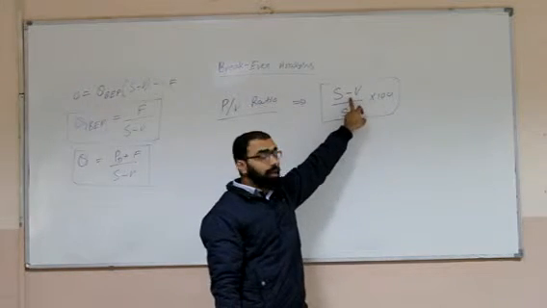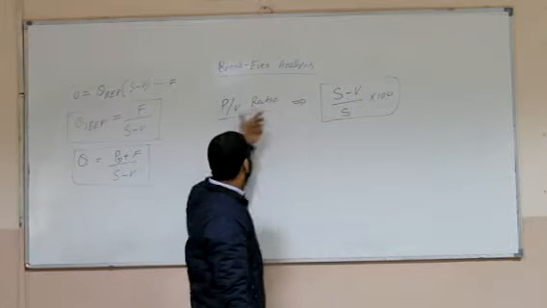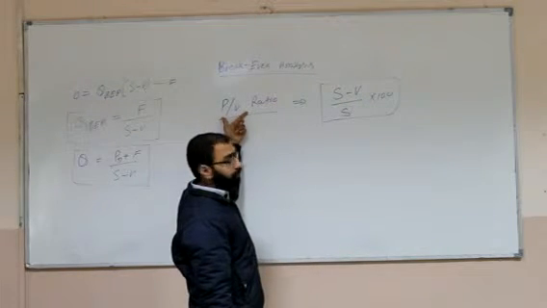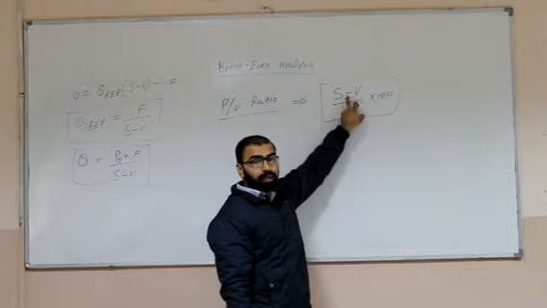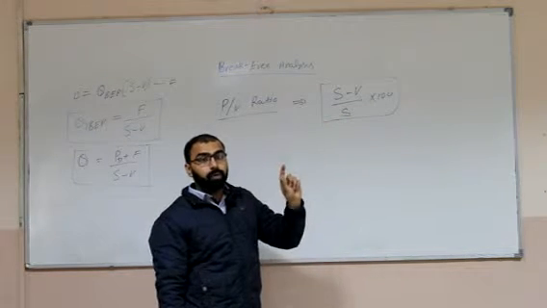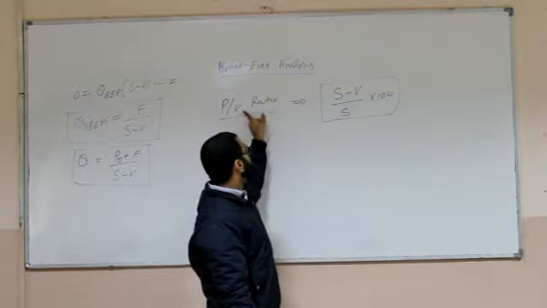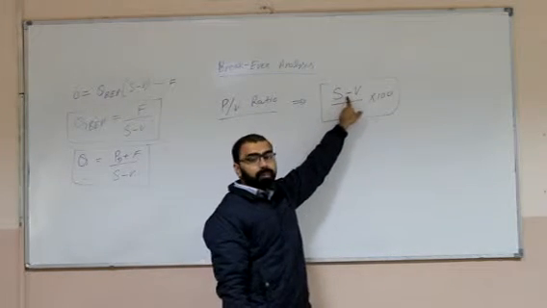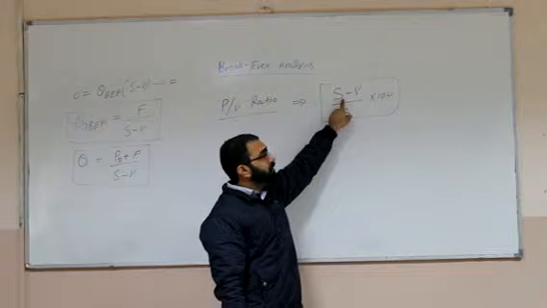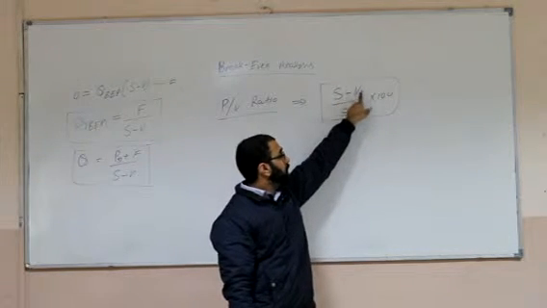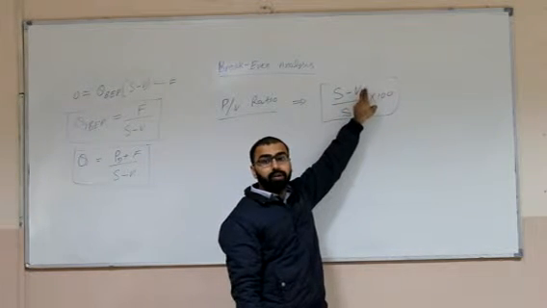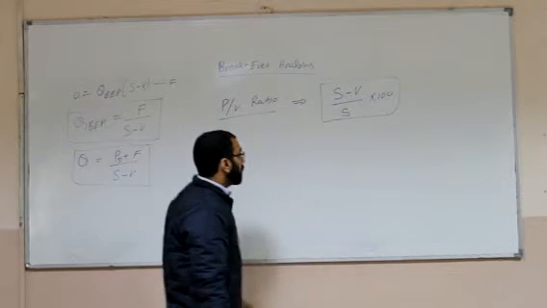Because the higher the S minus V, the higher the P by V ratio. So any organization's aim is to increase the P by V ratio. How can it be increased? By increasing the value of S while simultaneously decreasing the value of V.